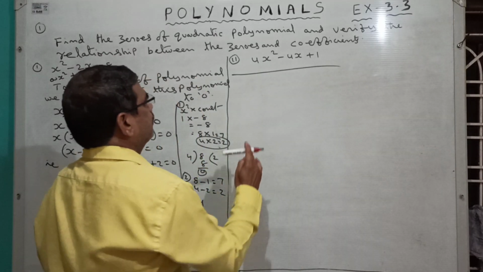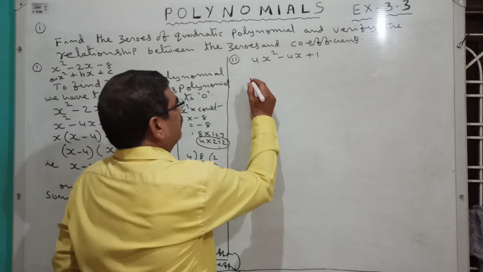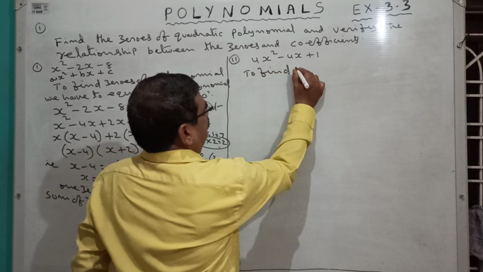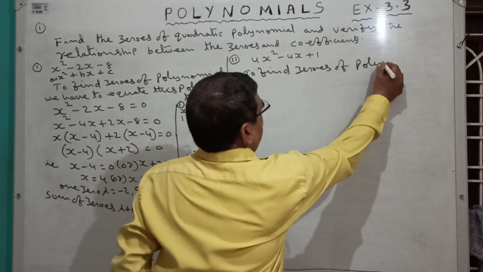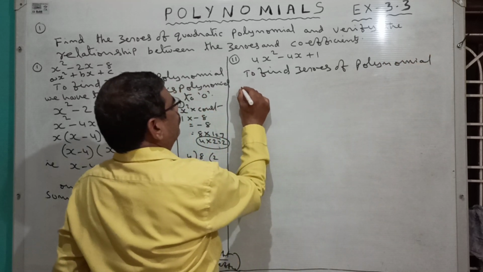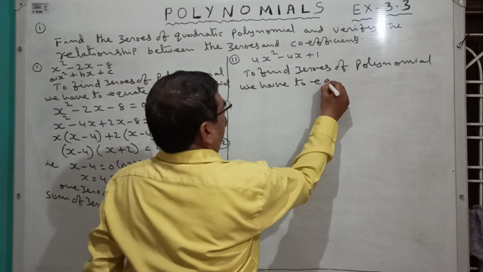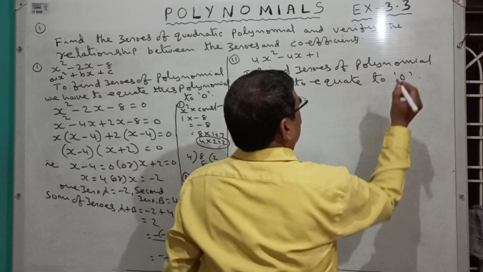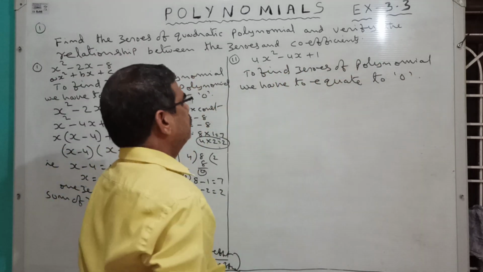So second one, 4x square minus 4x plus 1. To find the zeros of the polynomial, we have to equate this polynomial to 0.